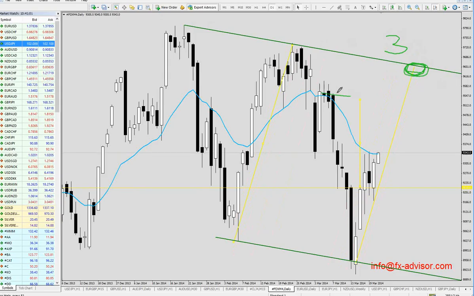Maybe intraday I'm going to be the seller somewhere closer here. But if I'm going to take a slightly bigger position and make this a position trading style, it's going to be the third approach to this trend line, right?